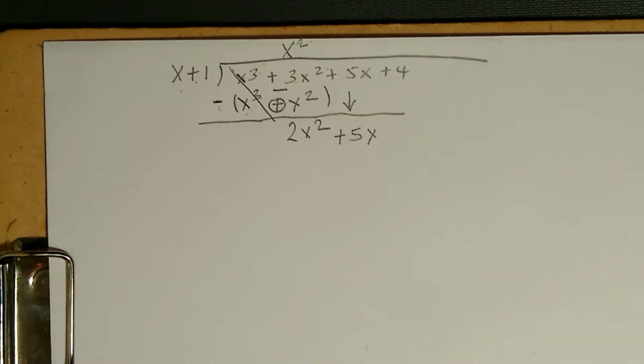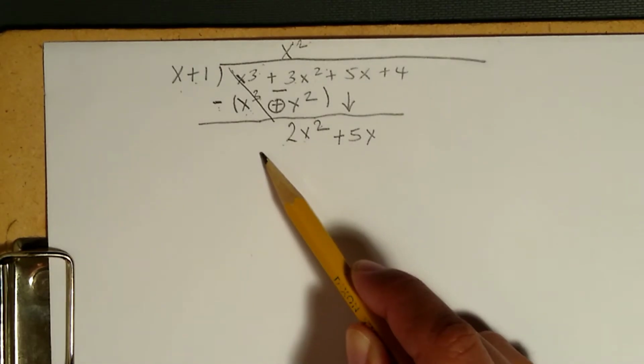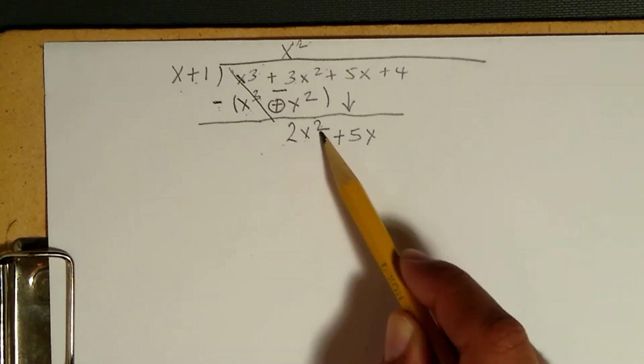Now, we have to see what other number we can use in order to get 2x squared plus 5x expressed. Since this is 2x squared, we need to subtract a negative 2x squared.